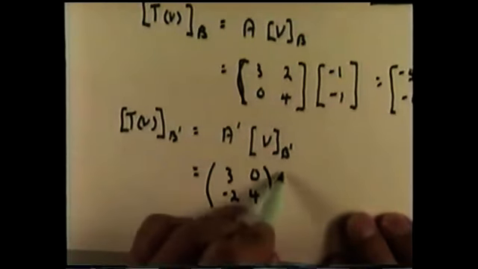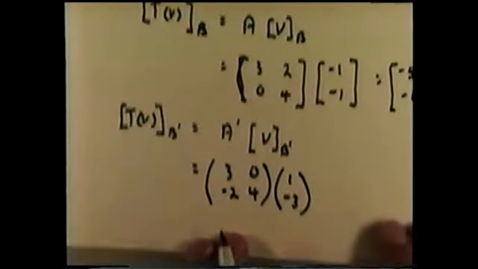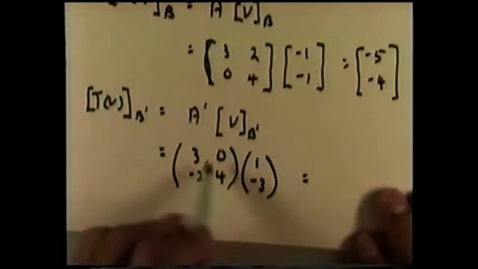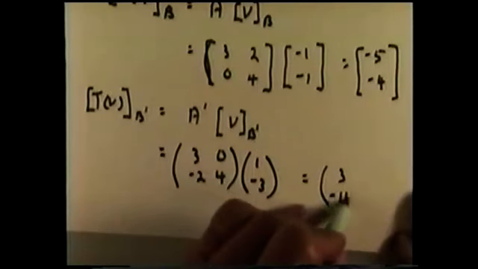A prime is 3, 0, negative 2, 4, times the coordinates of V with respect to B prime, which is given to be 1, negative 3. That's going to be 3 plus 0. Negative 2 minus 12 is negative 14.